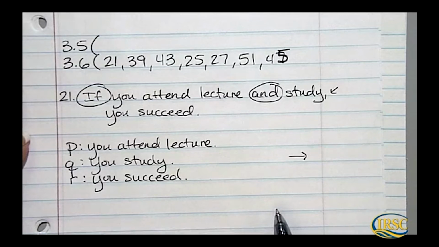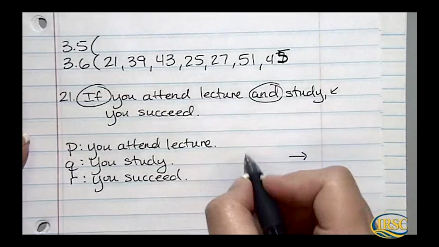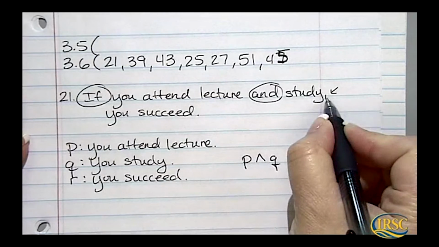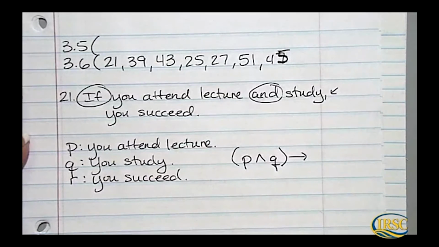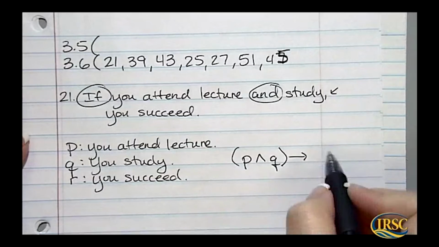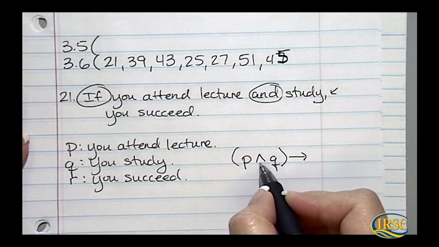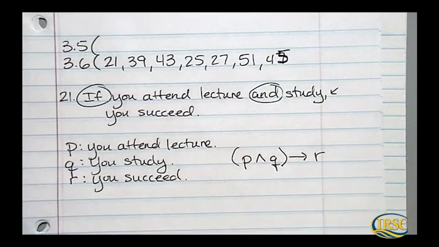The P and Q. It's the whole and statement. Because that comma is there, that means this whole thing is one group in parentheses. That's the if part. And then the then part is R. Okay, so that's how that translates symbolically.